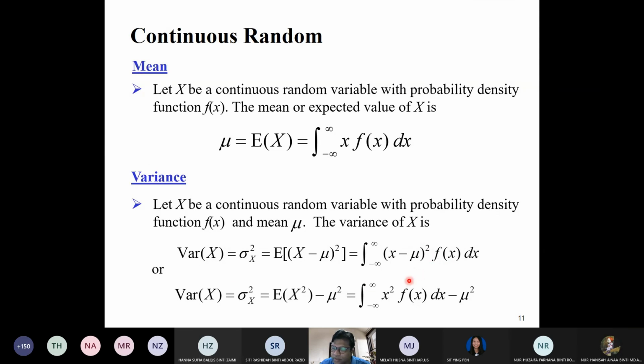So this is the variance for a continuous random variable. Or you can also write it in this form, which is the same thing. This is pretty easy to show. Var(X) equals E(X squared) minus mu squared, which is the integral of X squared multiplied by f(x), and don't forget to subtract the mean squared. So this is the variance for a continuous random variable.